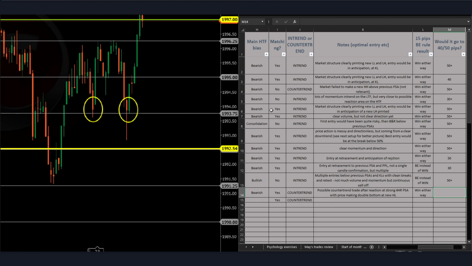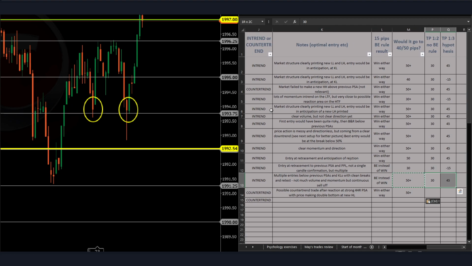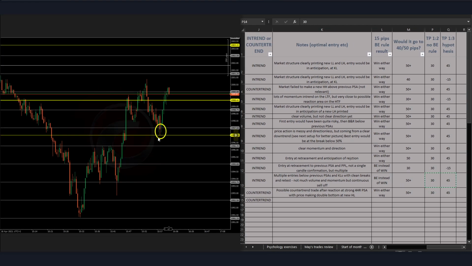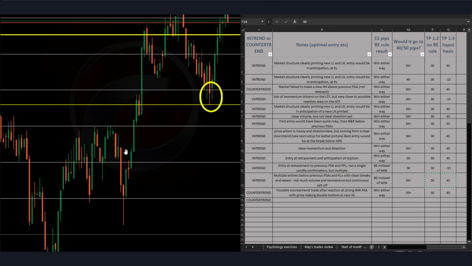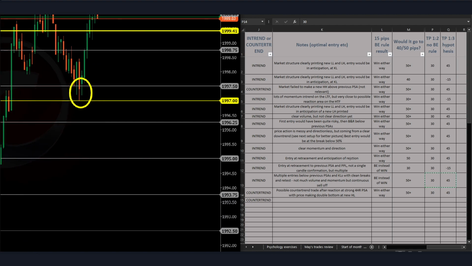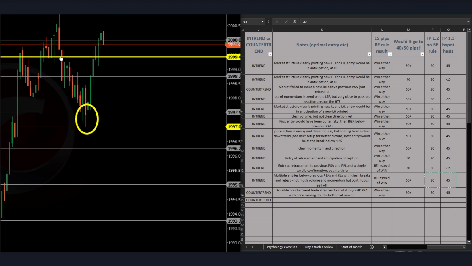It will go, I think, more than 50, and this one would be 30 and 45 if I'm not mistaken. So, okay, yes, you can see price simply went up back to 1998. So yeah, it's a 45 pips to here.